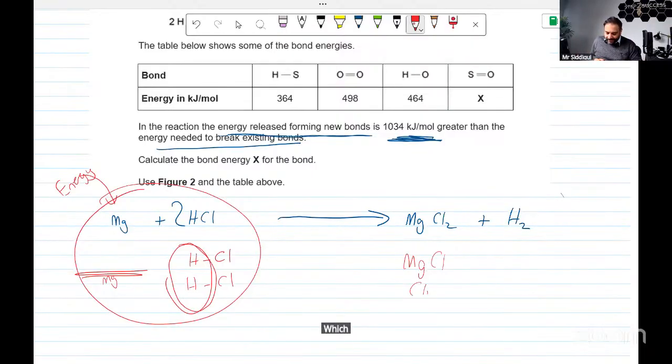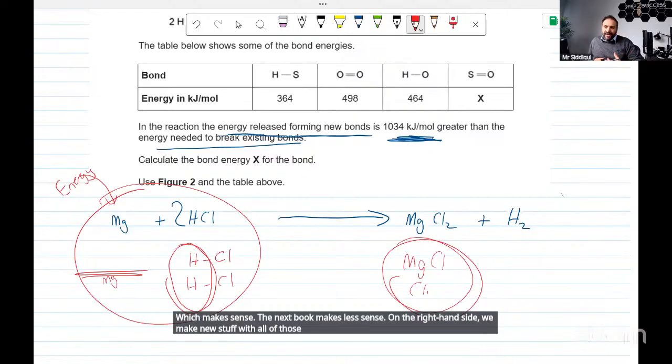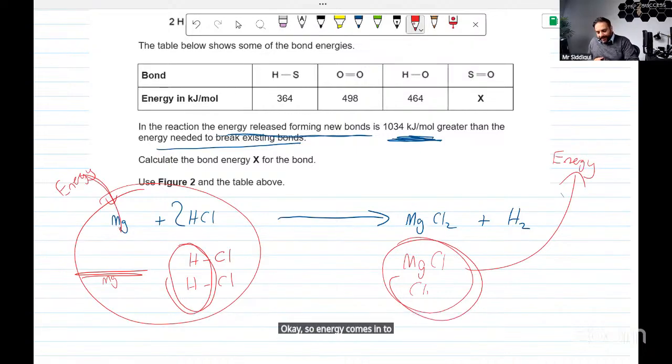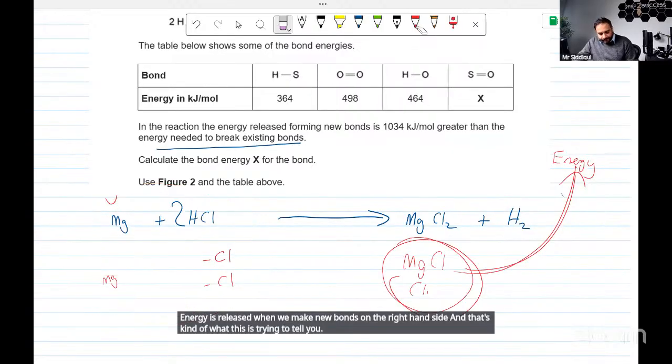The next bit makes less sense. On the right-hand side, we make new stuff with all of those pieces. When we make new things, energy is released. So energy comes in to break everything on the left-hand side. Energy is released when we make new bonds on the right-hand side. And that's kind of what this is trying to tell you.